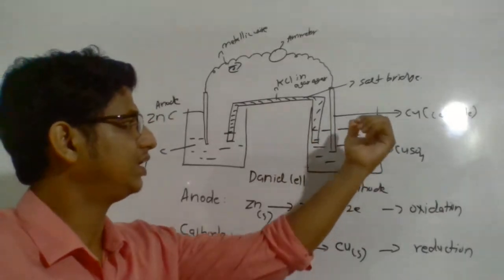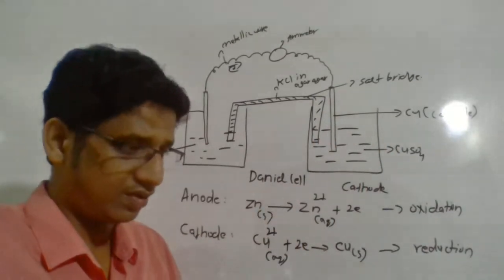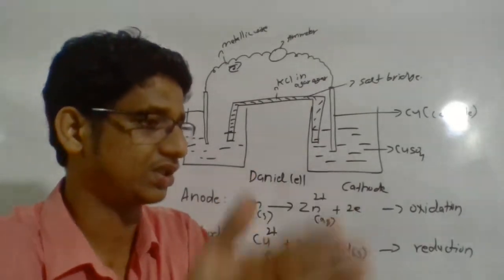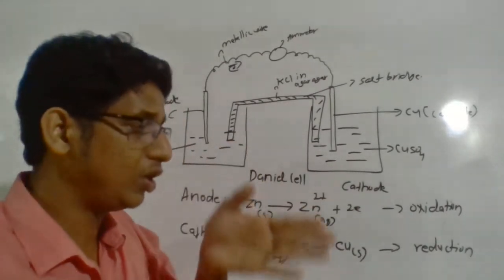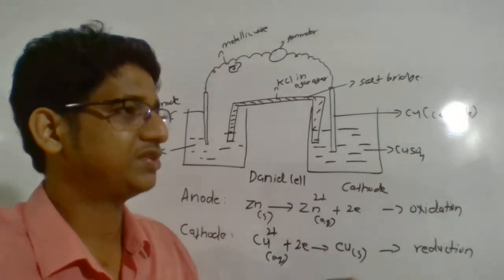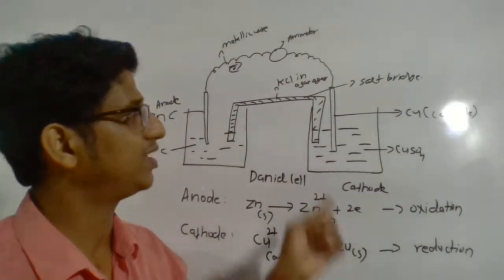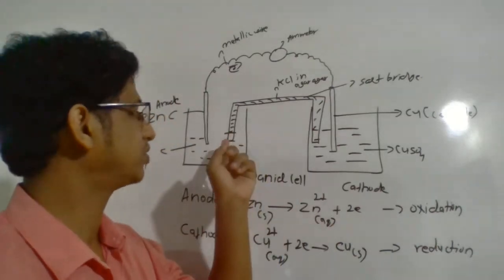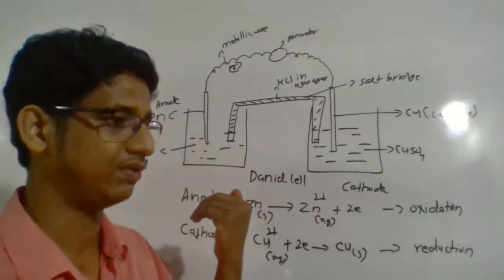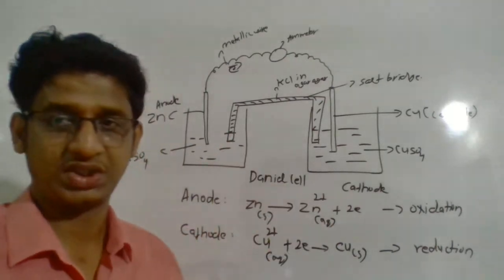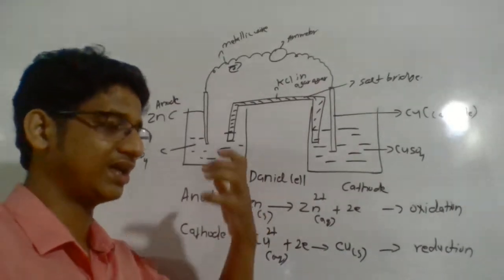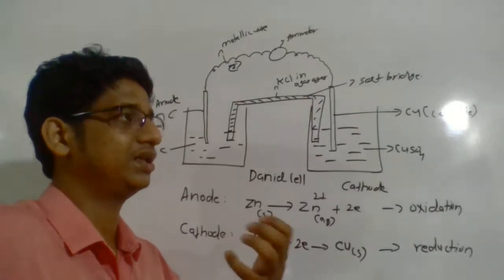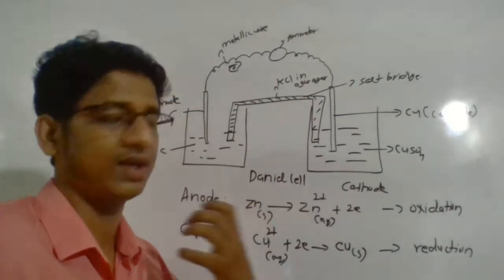For example, here copper has a higher reduction potential value, which we will discuss how to measure, and zinc has a lower reduction potential value. This means the electrode having the higher reduction potential value undergoes reduction, and the electrode having the lower reduction potential value undergoes oxidation. So that's the way we can compare the electrode potential of different electrodes.